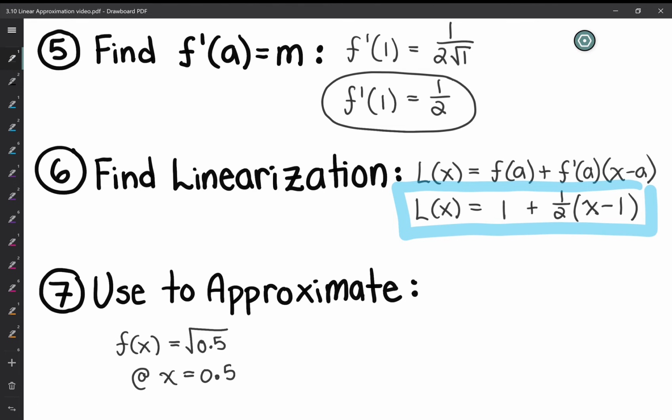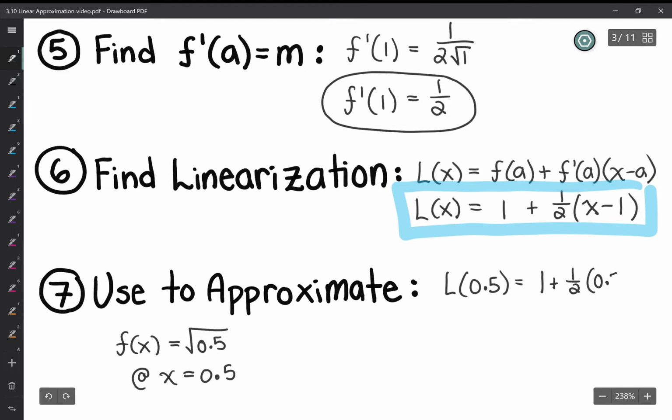So we need to find L of 0.5, which is equal to 1 plus 1/2 times 0.5 minus 1, substituting in that 0.5 for x, which is equal to 1 plus 1/2 times the quantity 0.5 minus 1, which gives us negative 0.5.